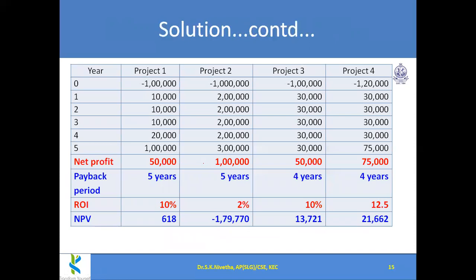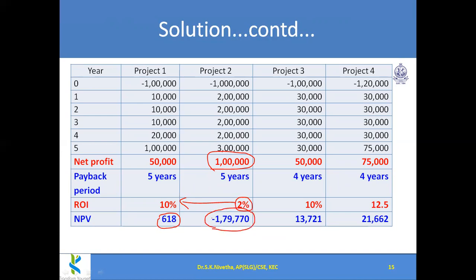And similarly for this project, what we have seen already, project 1 is giving some profit and the payback period is 5 years, return on investment is also good and it is giving some positive value. But for project 2, you could see, though it is giving 1 lakh profit, the return on investment is very low compared to this and the NPV is totally negative.